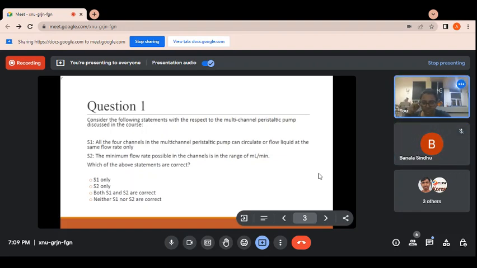Why option 1? In a peristaltic pump, all the fluids can flow through it, ma'am. Okay. And what about the next statement? Actually, in statement 1, we can modify the flow rate for each.